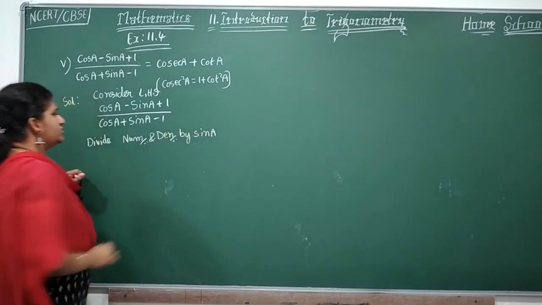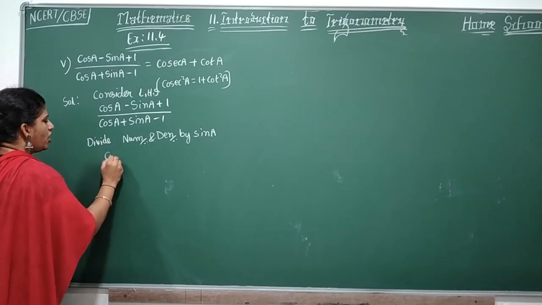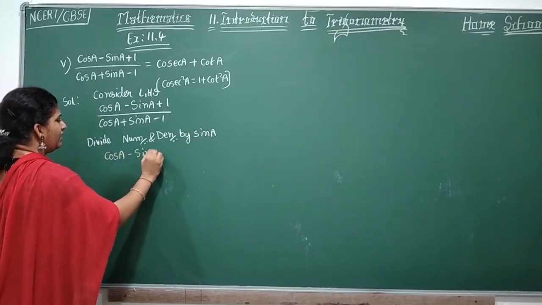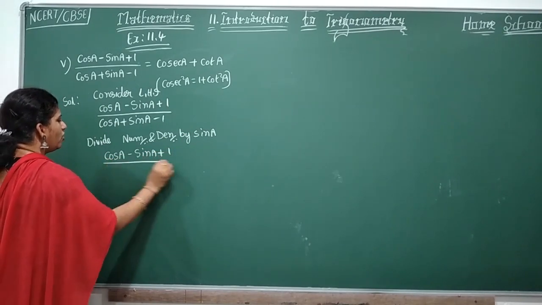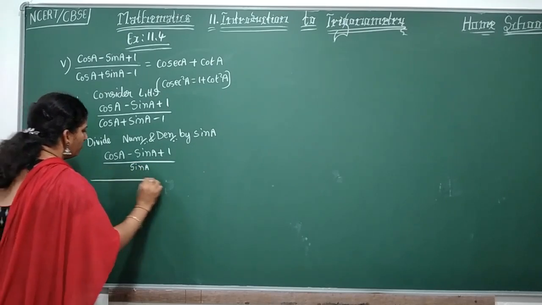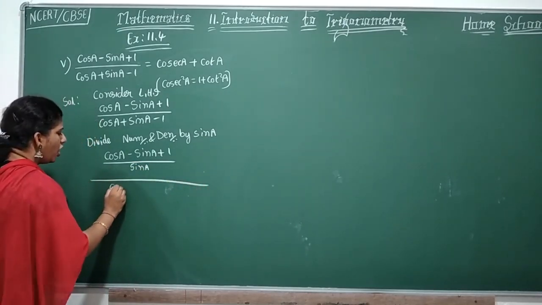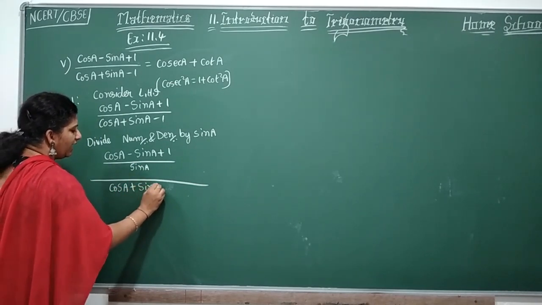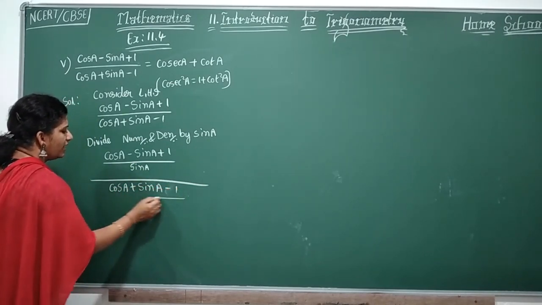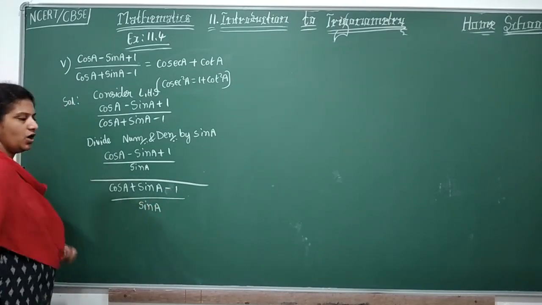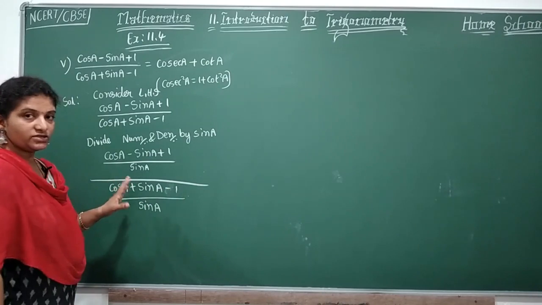Okay, children. So now cos A minus sin A plus 1 whole divided by sin A, by cos A plus sin A minus 1 whole divided by sin A. Okay, children. Now also we won't get it directly. So what do we have to do?